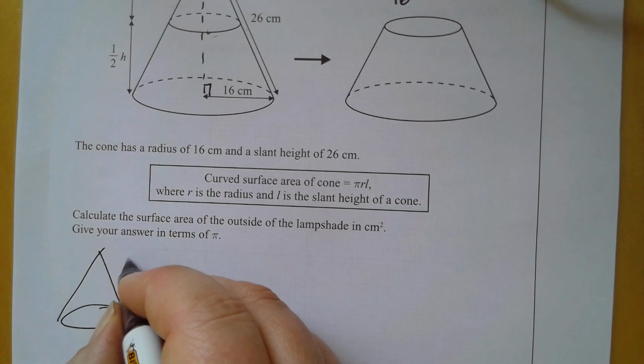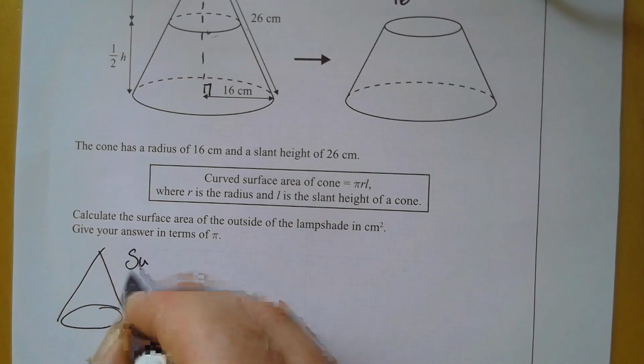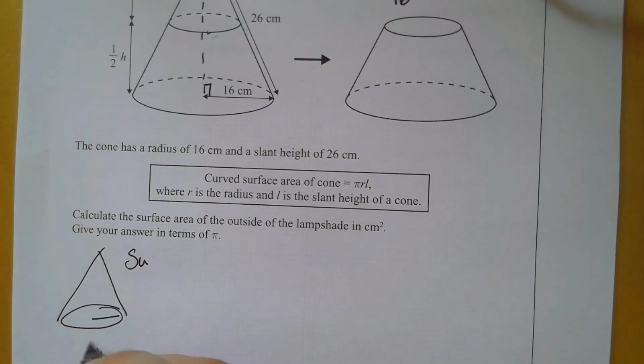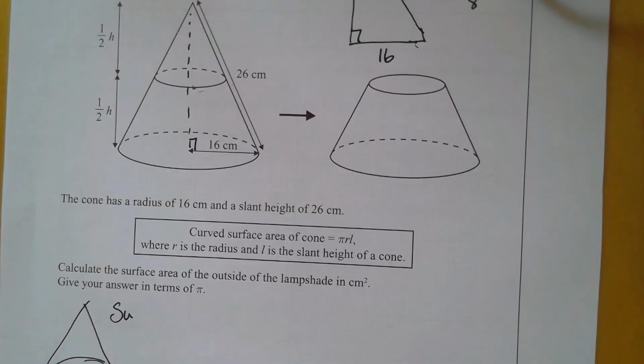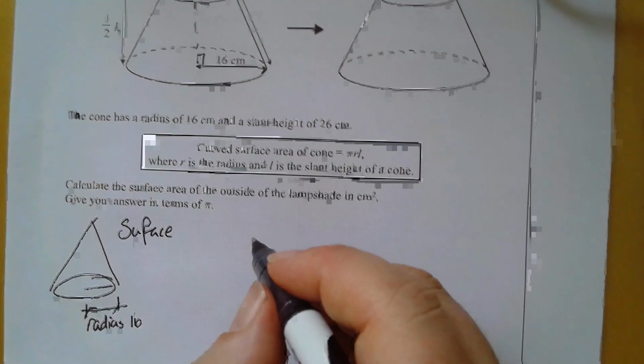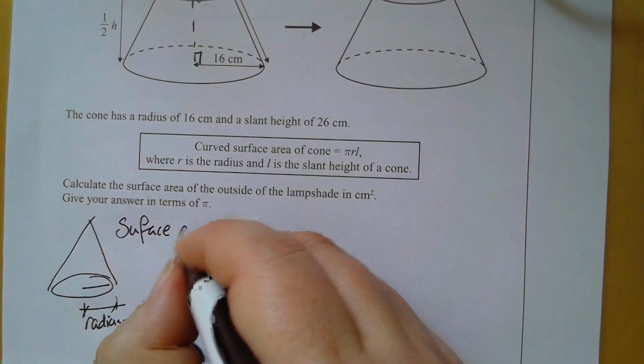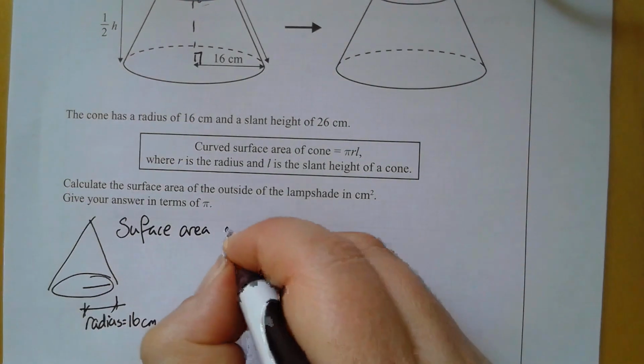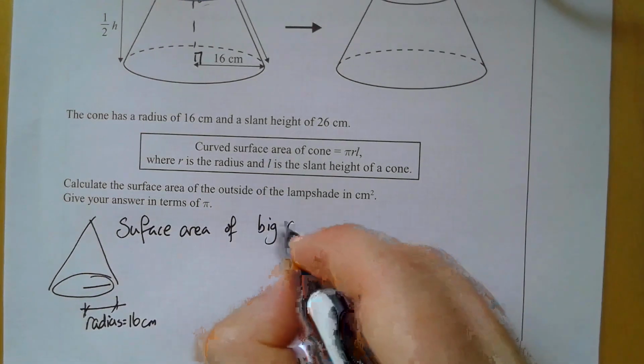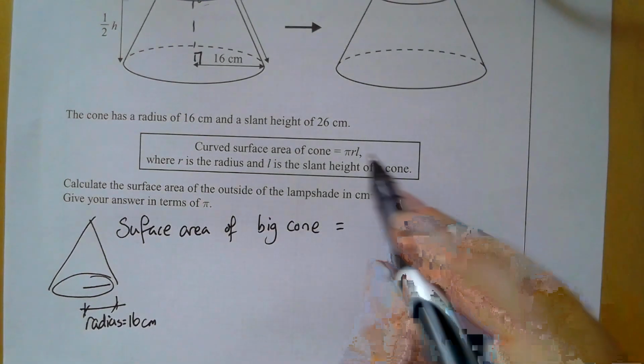The radius of the big cone is 16. So the surface area, now we're given a formula.